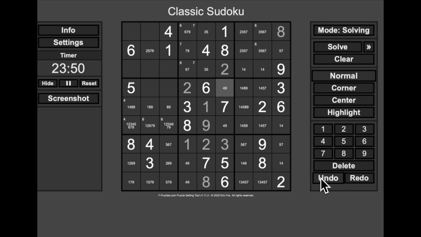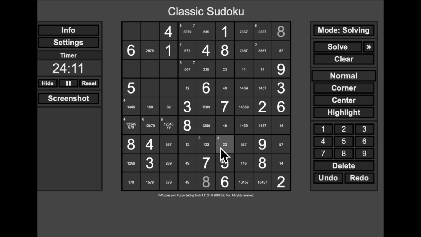I've got 4, 9 here. I think I've just ruled out several moves prior. I think I've ruled out this can't be a 3, so that line of thinking just got wiped.